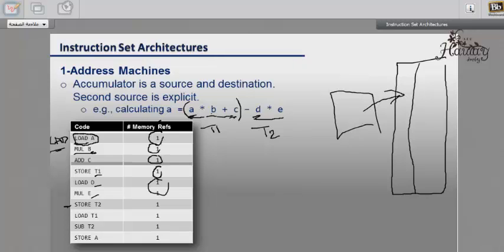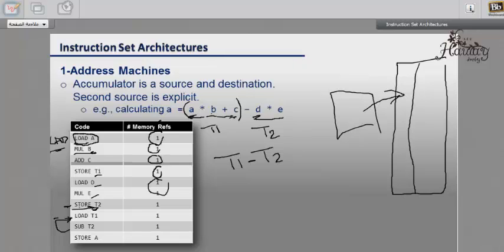Now, after this is done, we need to load the value of T1, and then we subtract T2 from it. You don't have to store T2 if you don't want to, but in this instruction it stores T2. Then we load T1 and straight away subtract T2 from T1.